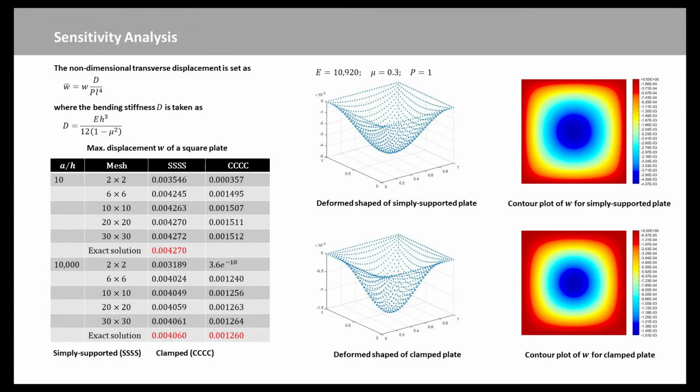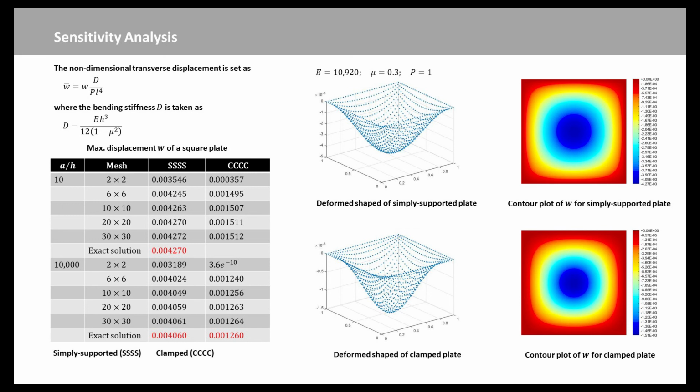Now we consider a simply supported and clamped square plate, side a equal to 1, under uniform transverse pressure p equal to 1, and thickness h. The modulus of elasticity is taken as E equal to 10920, and the Poisson's ratio is taken as mu equal to 0.3.